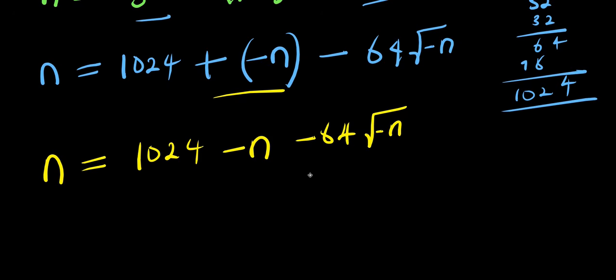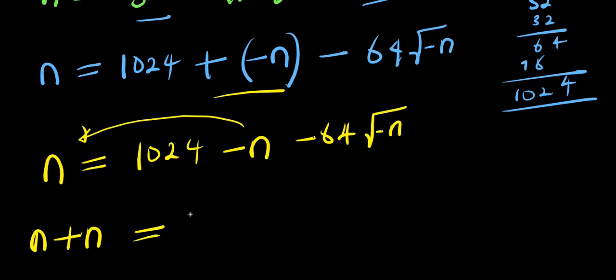So what else are we going to do? I can move this over here. It becomes n plus n. This is negative, it will turn positive. And this equals 1024 minus 64 times the root of negative n.